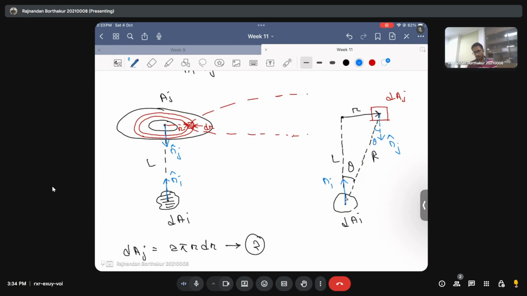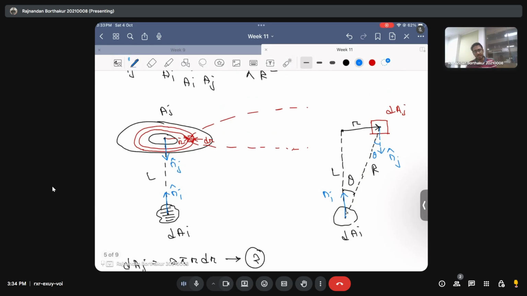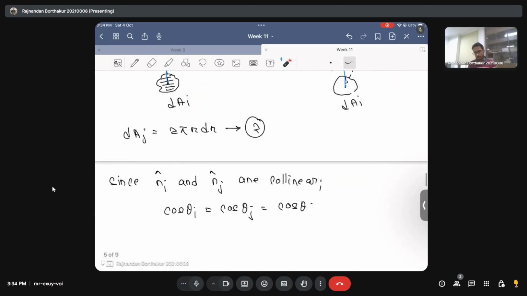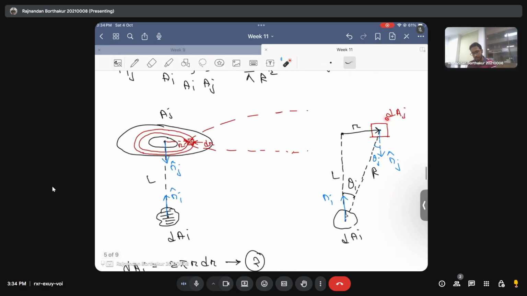That's the reason why this is theta j and this is theta i, and just from geometry you can say that theta i is equal to theta j because these unit normals are facing in the same direction. That's one of the most important aspects in this problem in order to proceed with calculating this view factor Fij. That's something that I have written here, and that you can infer geometrically from this figure.